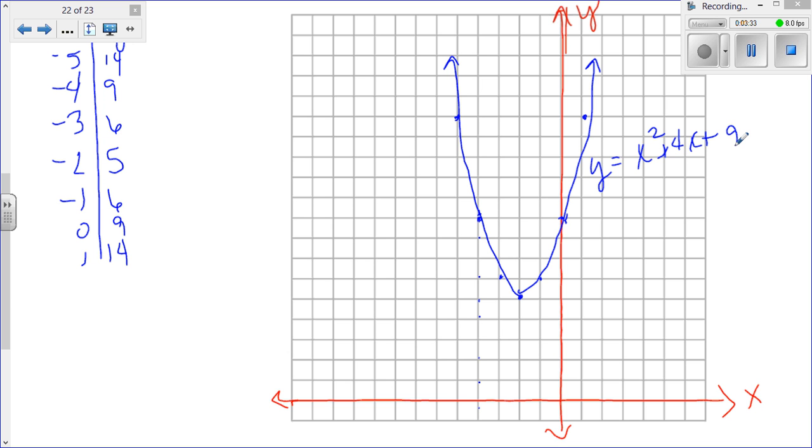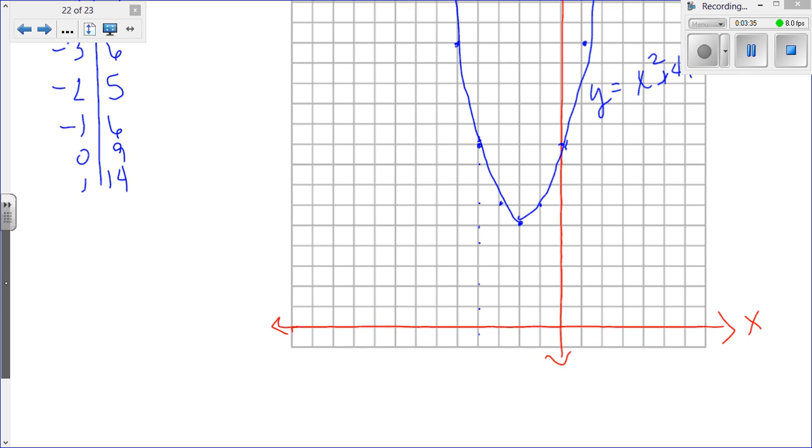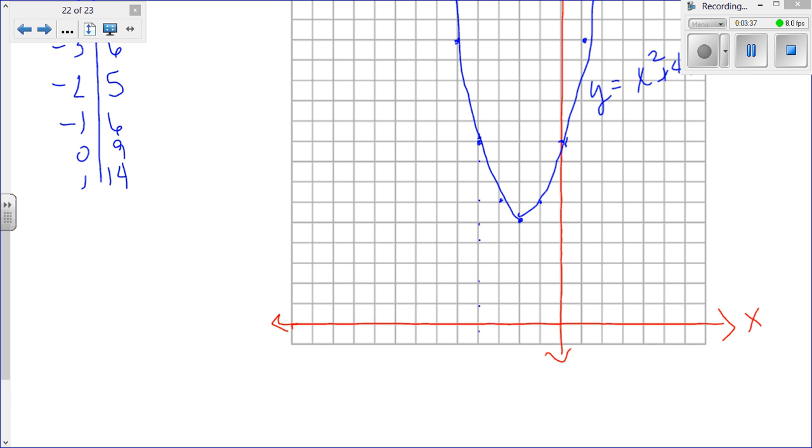Now I know you think, oh, I should be done. But we're going to do a little something extra here. I want you to find the discriminant of this equation. And remember, the discriminant is d equals b squared minus 4ac.